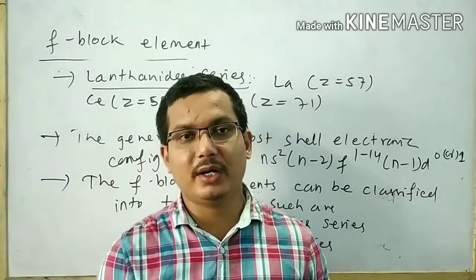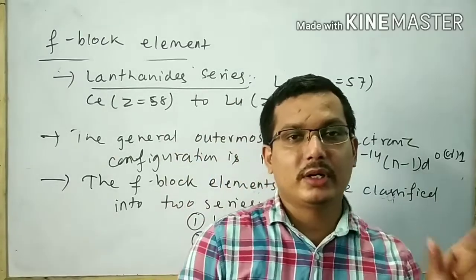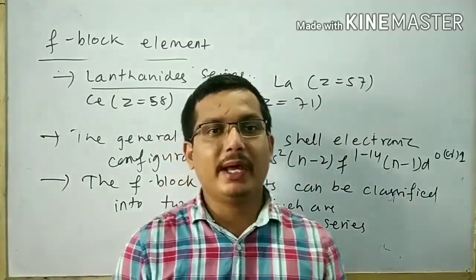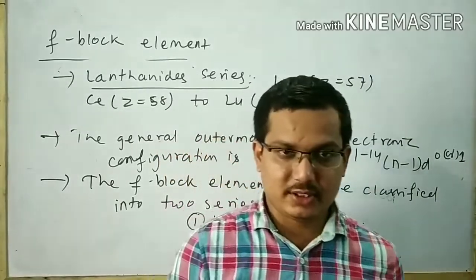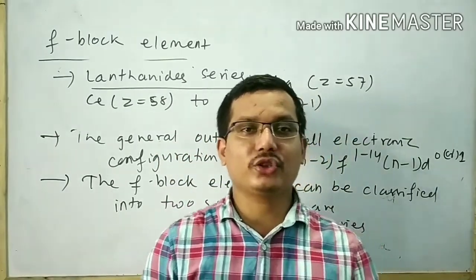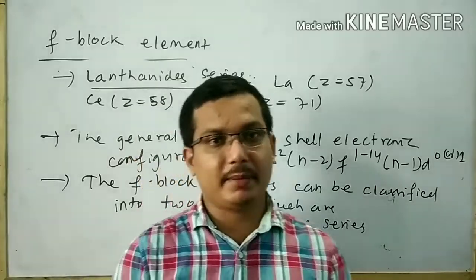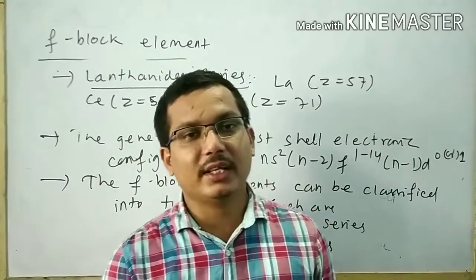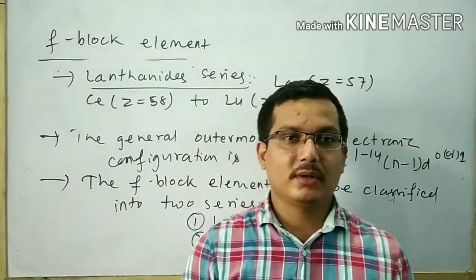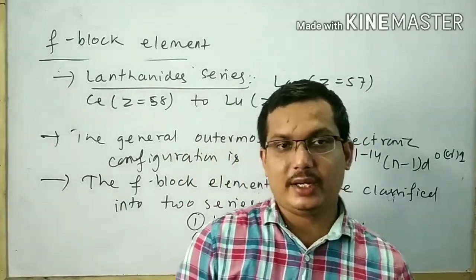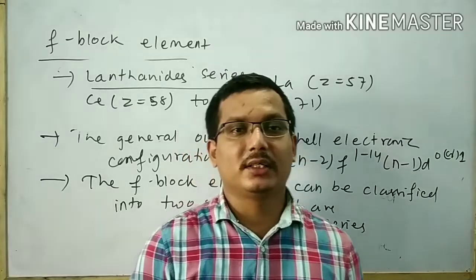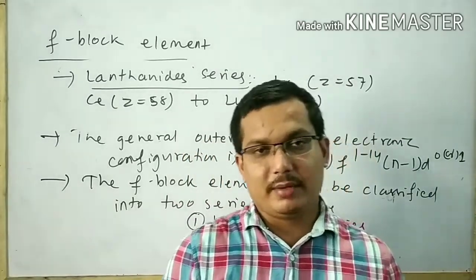Remember one important point: lanthanum belongs to D block, but it obeys all the characteristic properties of F block elements. When a question is asked in the exam, you are bound to write D block.